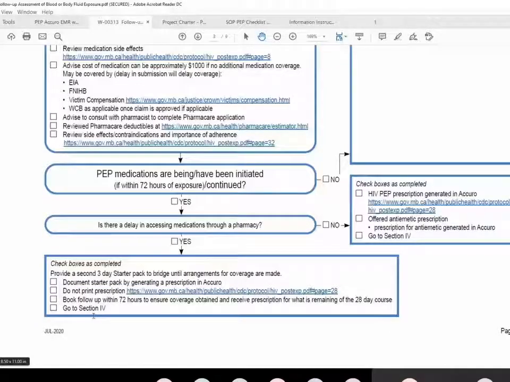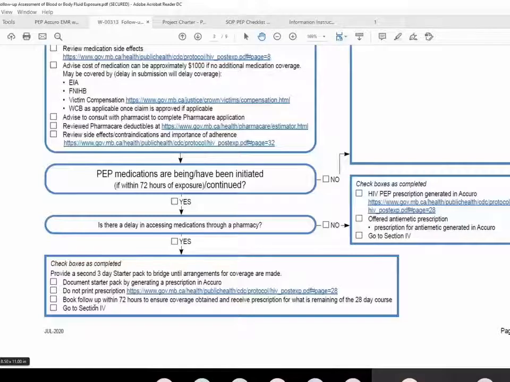There is one backup plan for those who haven't gotten their PEP medication, haven't been able to arrange the funding for their PEP medication: a second 3-day starter pack that we are able to bridge.